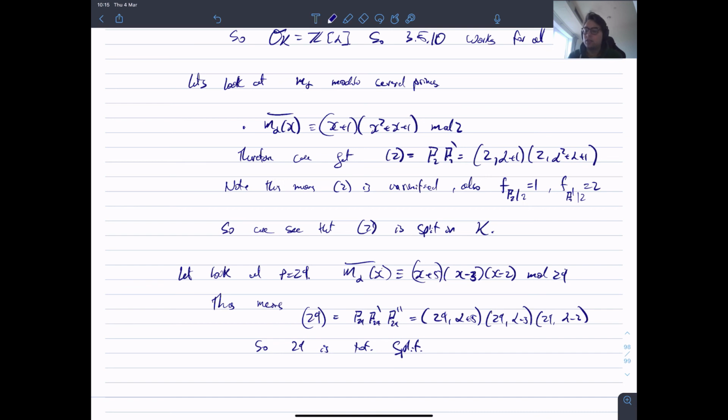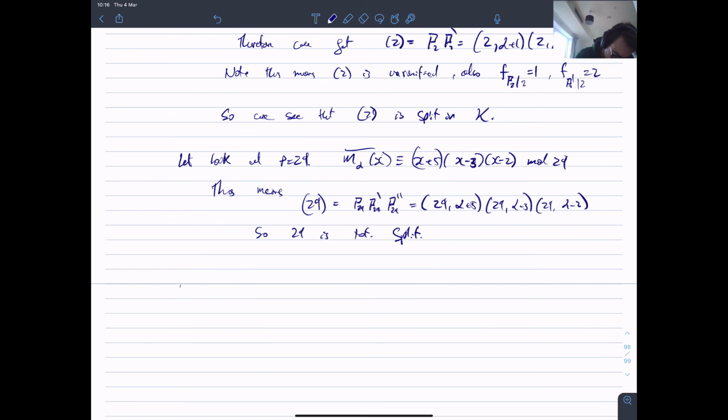And let me just do one last one. Lastly, let's look at the prime number 4027. If you do this on the computer, you may not want to do this one by hand. M alpha bar of x factors as follows.